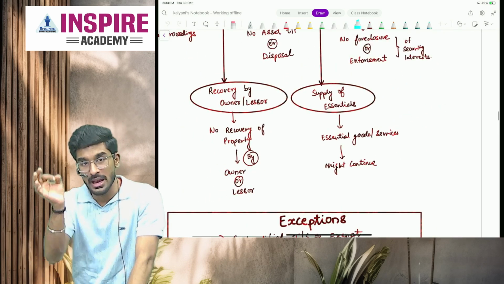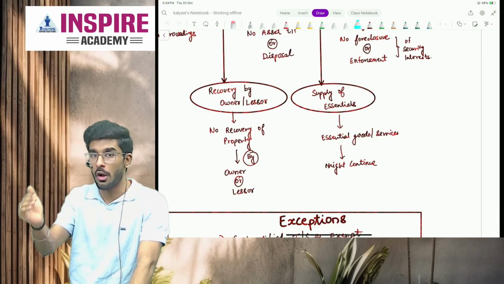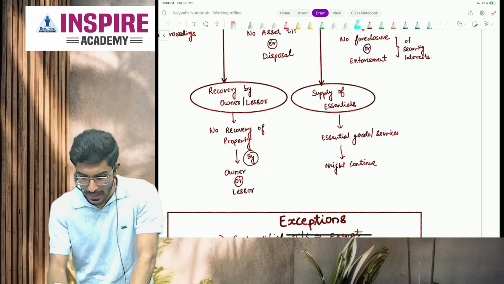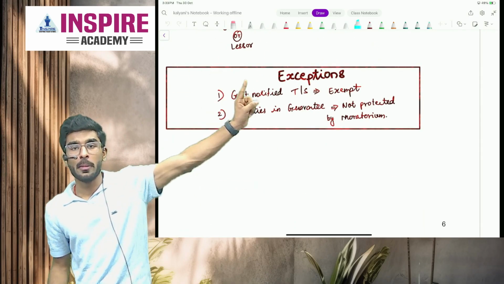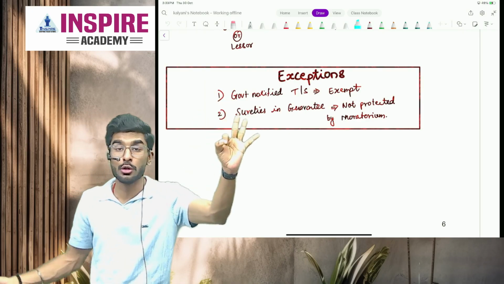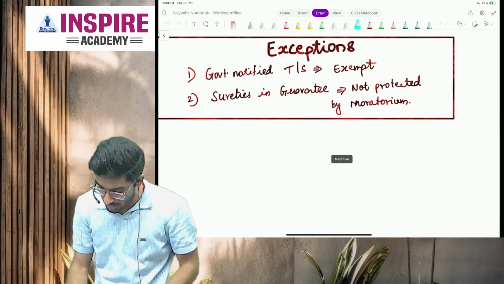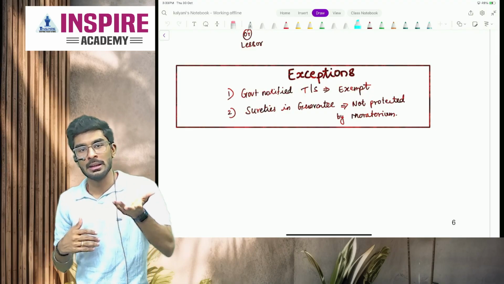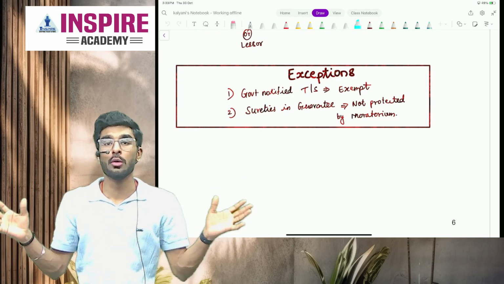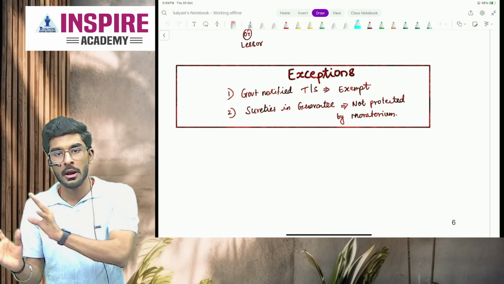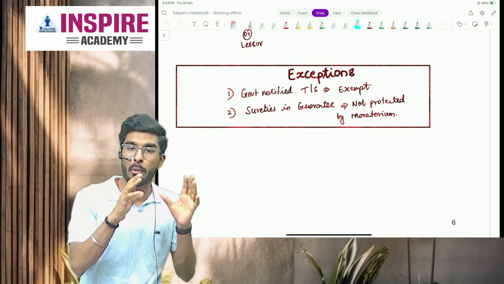And next is supply of essentials should not be stopped. Okay. Exception is, if the central government notifies certain transactions not to be included in the moratorium, they can allow. And next is surety and guarantee are not protected. Only the CD is protected. The guarantor is not protected.